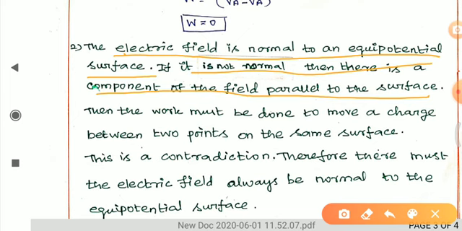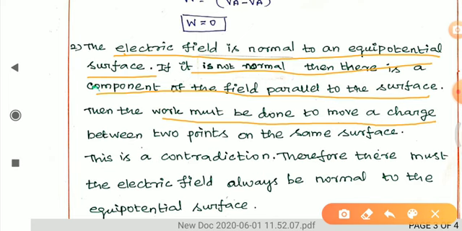If it is not normal, then the electric field will be parallel to the surface. Then some amount of work must be done to move the charge between any 2 points on the same surface. Even on the same surface, if the electric field is not perpendicular but parallel to the surface, definitely work must be done.